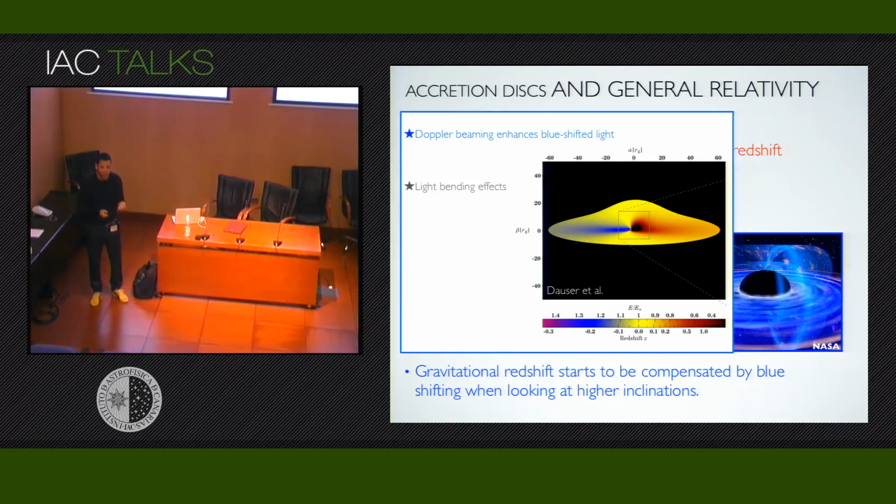So the matter that is coming from, let's say, behind the black hole starts to curve towards the observer. So this is also going to compensate for the different projected area of the disk with inclination. Because when we have the disk like this, we are seeing also this part of the disk, and this light is enhanced because of light bending effects.